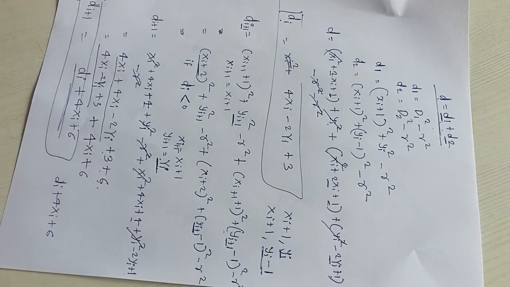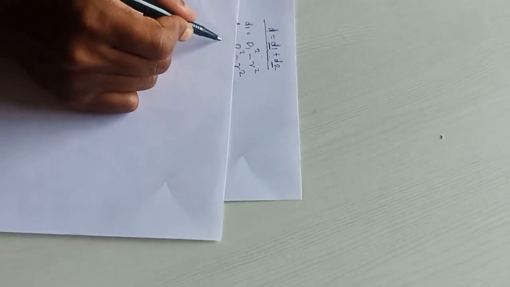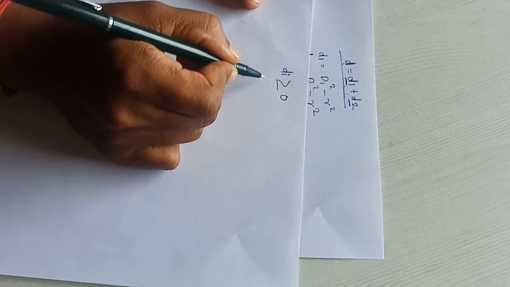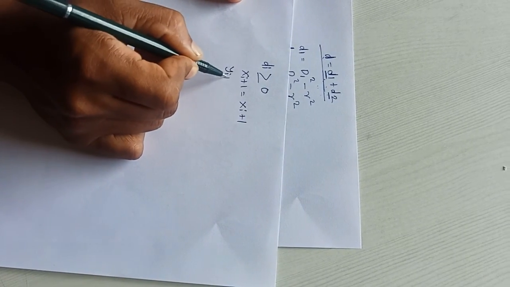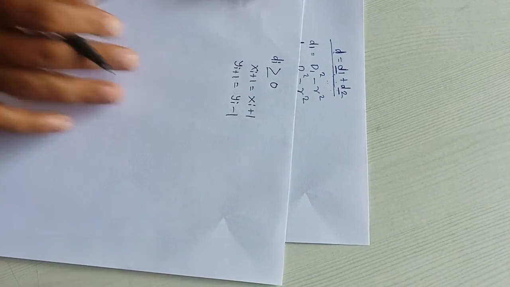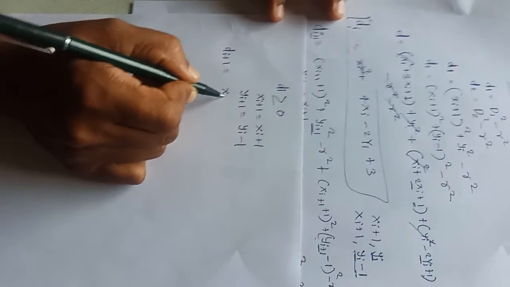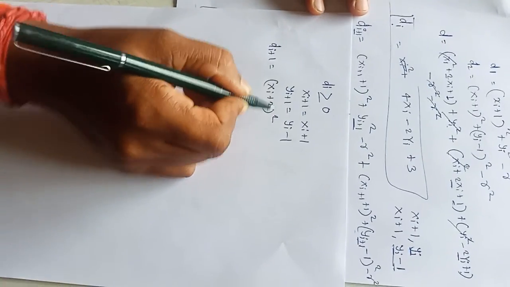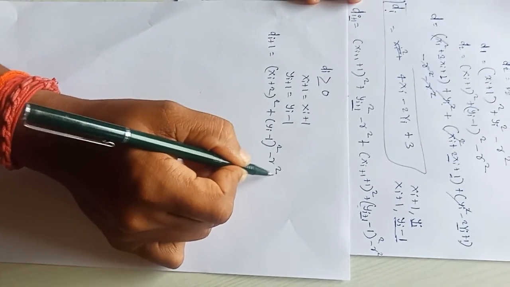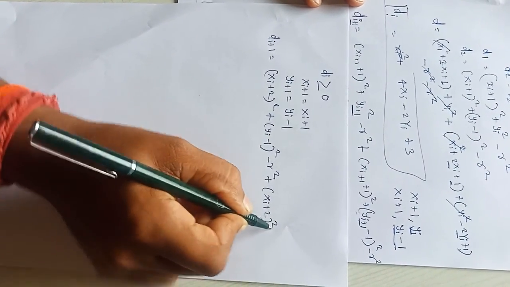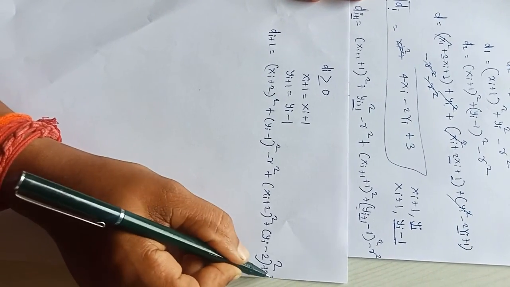Now check what will be the decision parameter if di value is greater than or equal to 0. At that time xi+1 equal to what? xi + 1. yi+1 is equal to what? yi - 1. So putting that value into the equation, di+1 equal to (xi + 2)² + (yi - 1)² - r² + (xi + 2)² + (yi - 1 - 1)² - r².